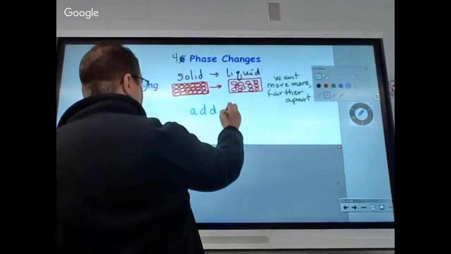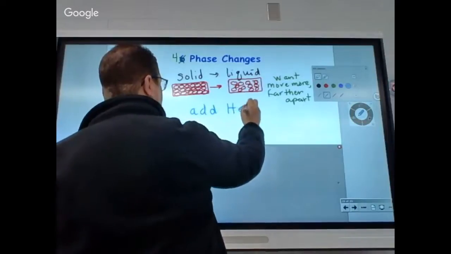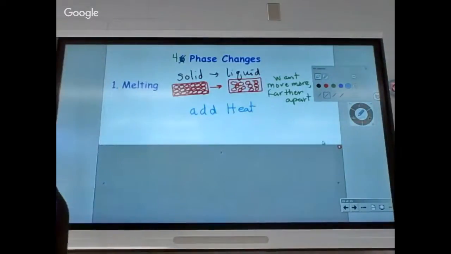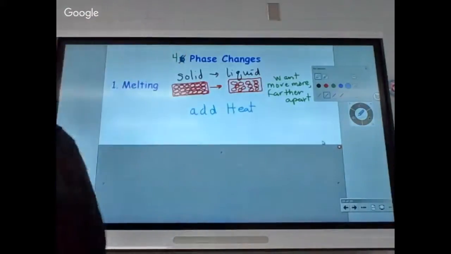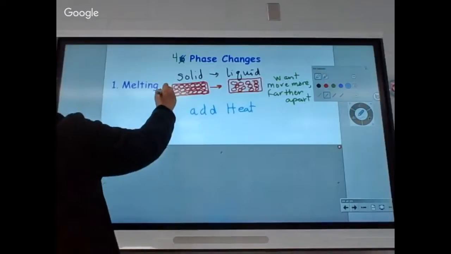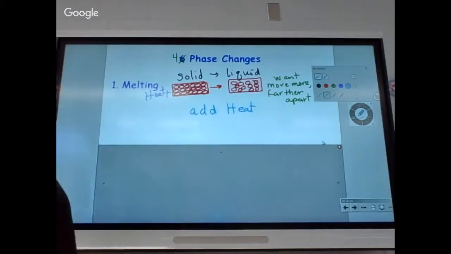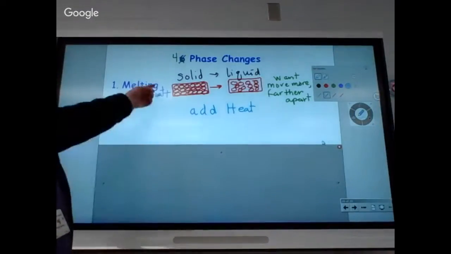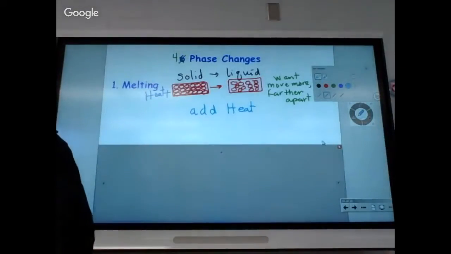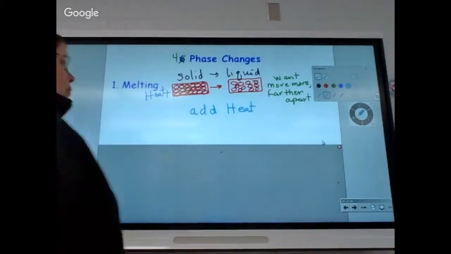So if Damien and William say add the heat, do I add it to the reactant side or do I add it to the product side? All right, Nathaniel says the reactant side is correct. So I add it over here. So if I add it to the reactant side, is it endo or exo? It's endo.